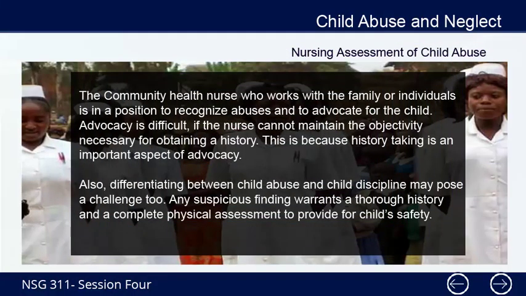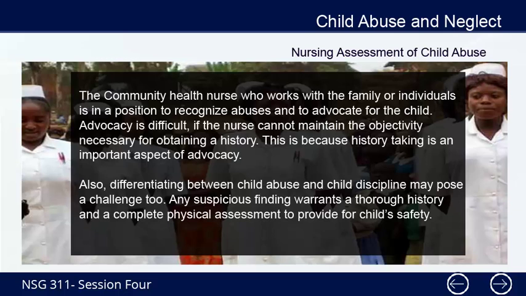Nursing assessment of child abuse. The community health nurse who works with the family or individuals is in a position to recognize abuses and to advocate for the child. Advocacy is difficult if the nurse cannot maintain the objectivity necessary for obtaining a history.